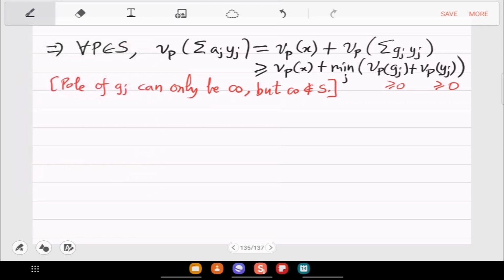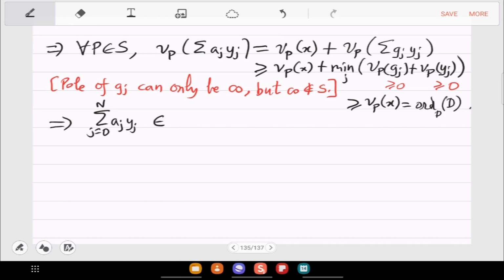Okay, so now we can continue the calculation. So this is then at least v_P(x), which is the order of D at P. So this whole calculation tells me something about the function sigma a_j y_j, j from 0 to n.